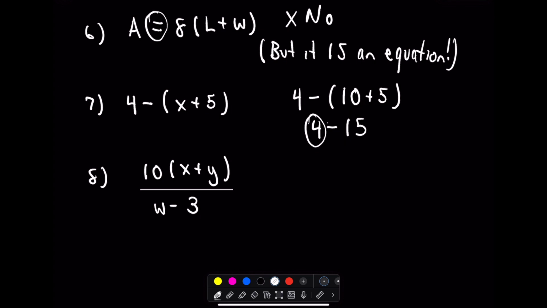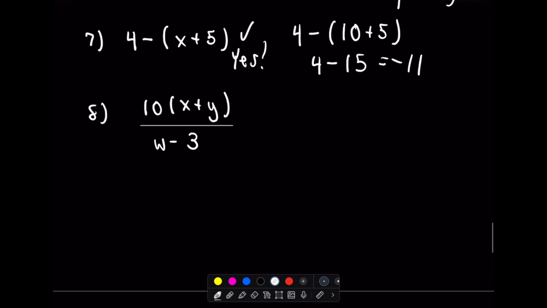You had $4, but then you took away $15. Well, now you're left with negative $11. You've got to go pay the credit card back $11. You're now officially in debt. But again, I could work with numbers in this case and do the arithmetic. So yes, this is an expression.